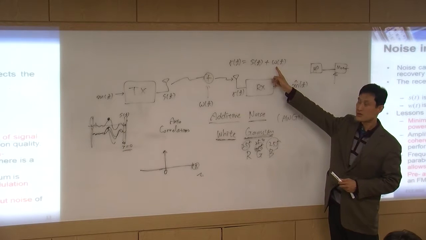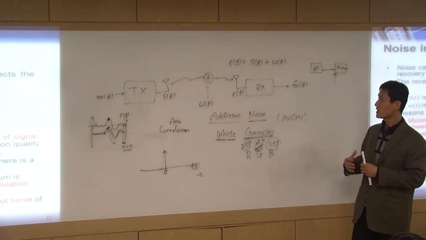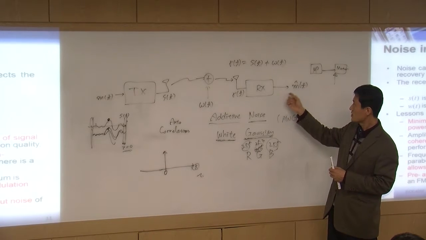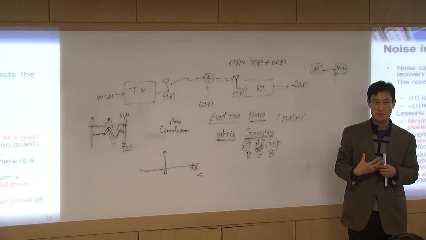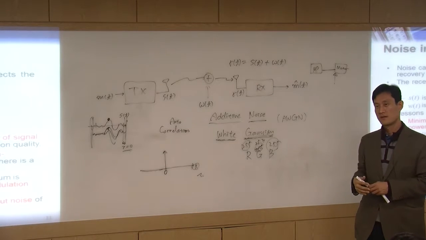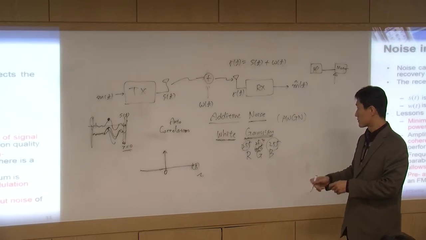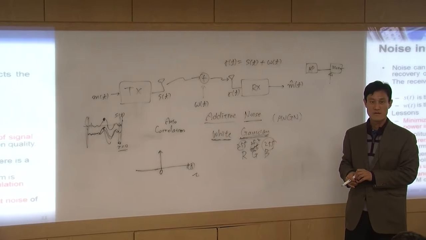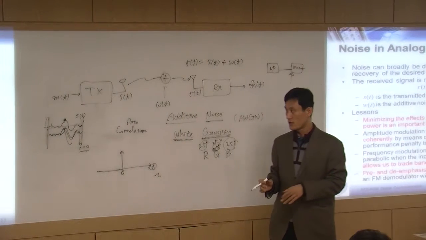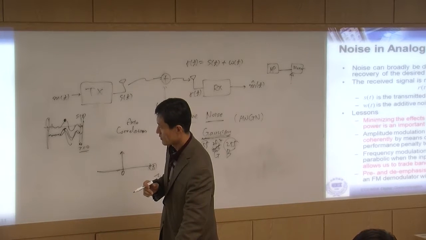But the problem is there's noise together. So the question is, how can you recover the message from r(t)? r(t) is what we receive. There's noise. How can you do that? So that's the question. What is the important metric? When you have noise, we use one of the metrics.